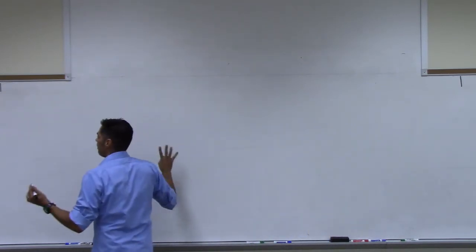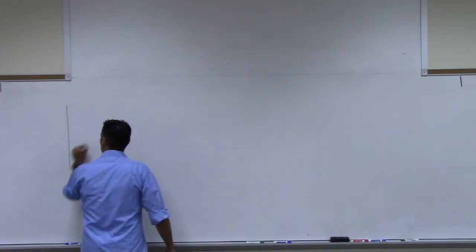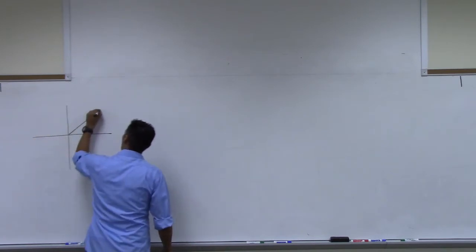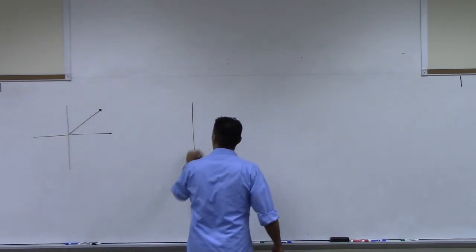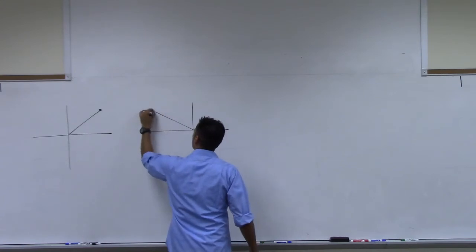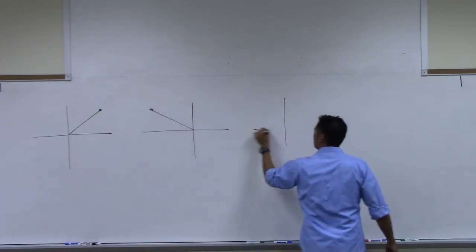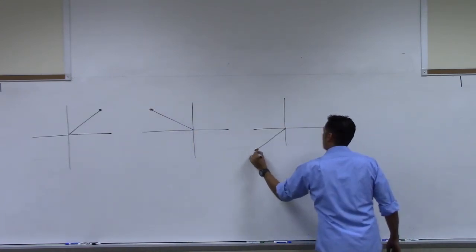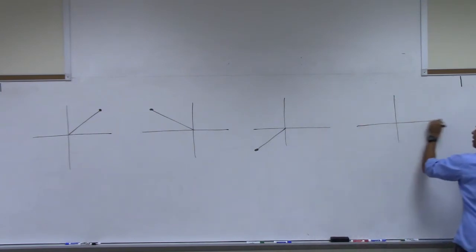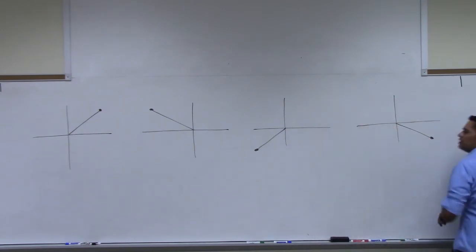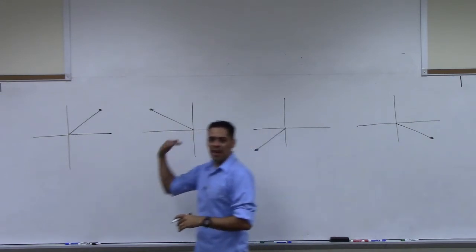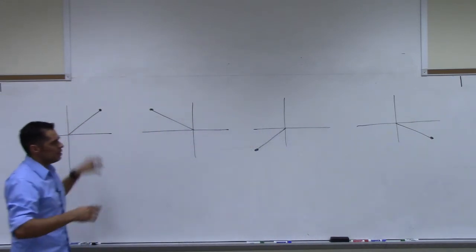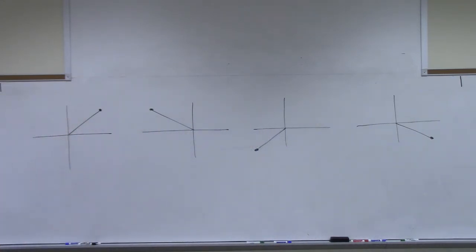So I'll give you 4 different scenarios. Let's say you have an angle in the first quadrant, one in the second quadrant, one in the third quadrant, and one in the fourth quadrant. Those are the only possibilities, unless it lies on the x-axis or y-axis; your angles are going to be in one of those quadrants.